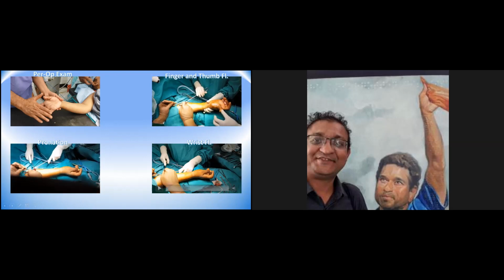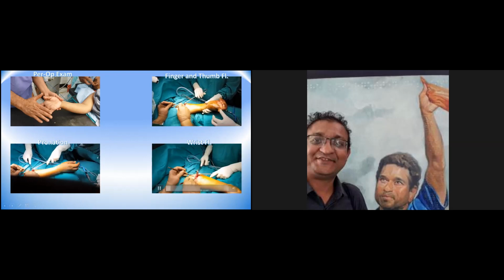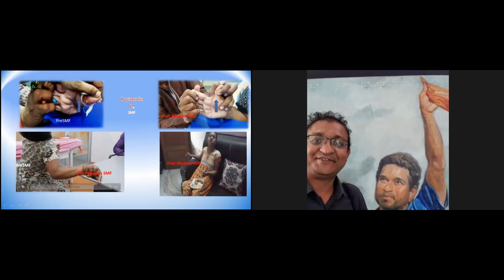Now, sorry. This is the girl whom we have just now seen, whose hand improved with some conservative treatment, and then we took her up for surgery. You can see how clean it is after the surgery, a few months post median SMF.